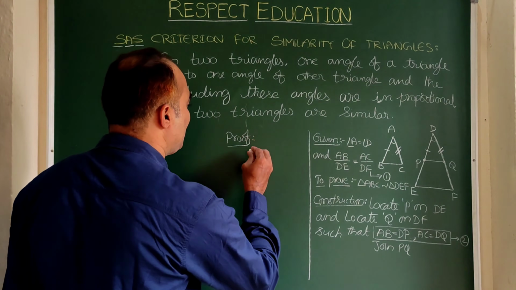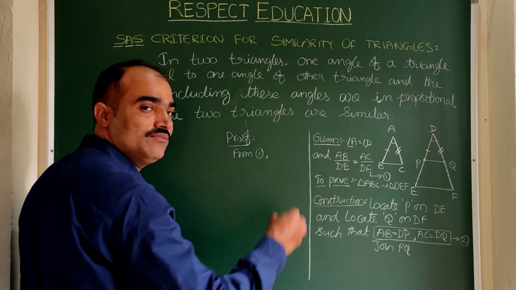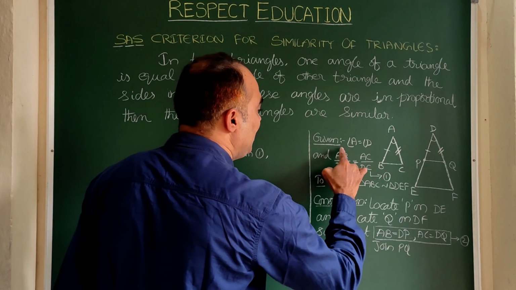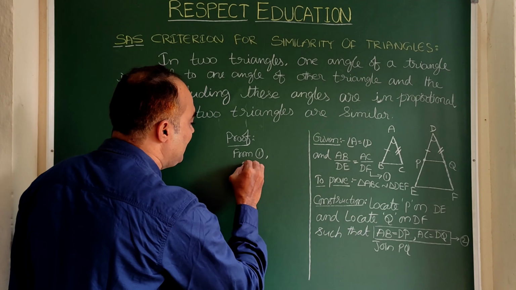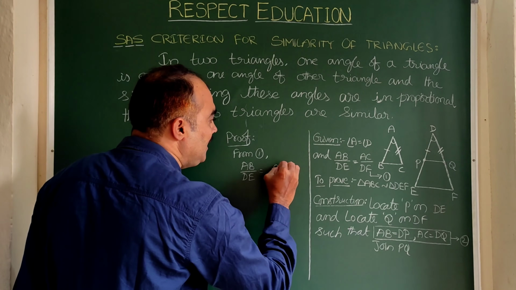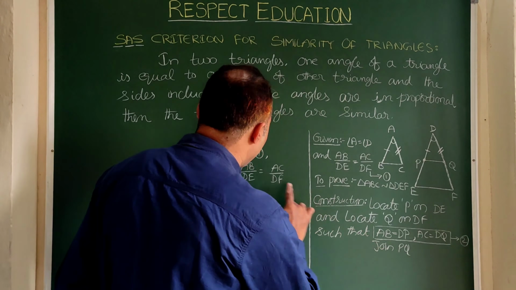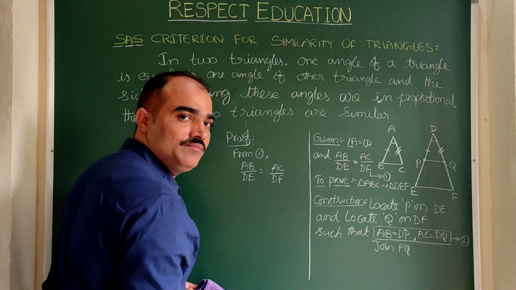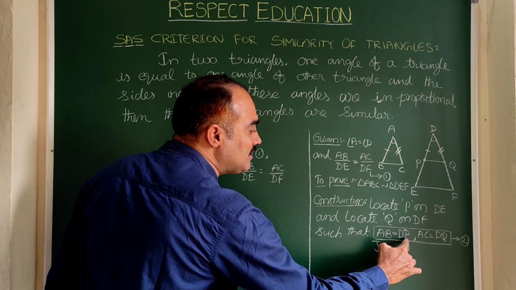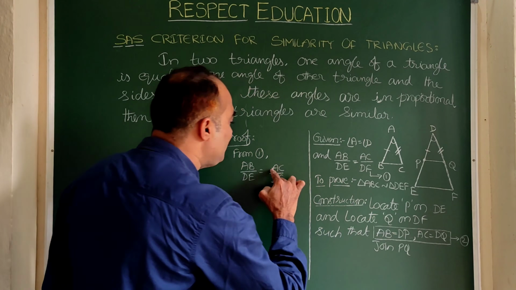Now let us start from 1, or you can write given. Both are the same. Here AB by DE is equal to AC by DF. But you observe, equation 2 says AB can be replaced with DP, and AC can be replaced with DQ.